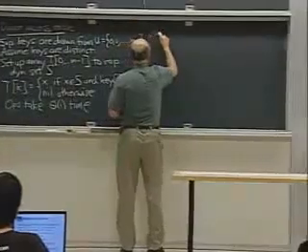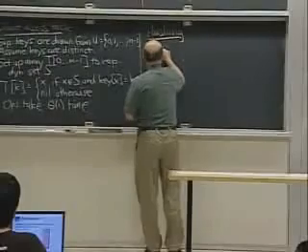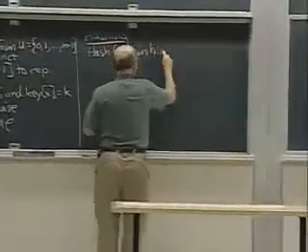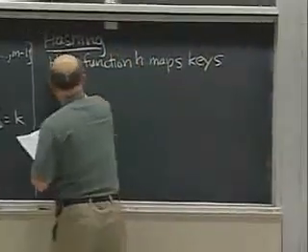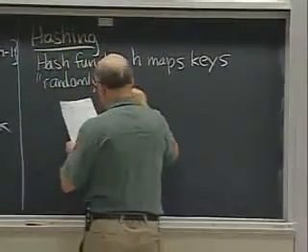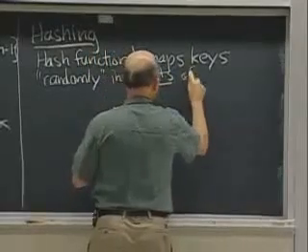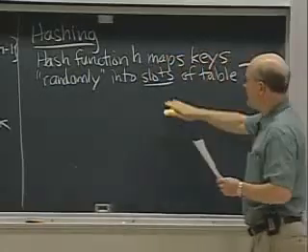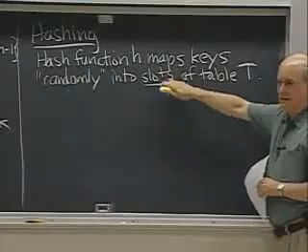So hashing is, we use a hash function h, which maps the keys "randomly", and I'm putting that in quotes because it's not quite at random, into slots of table T. We call each of the array indexes here a slot.